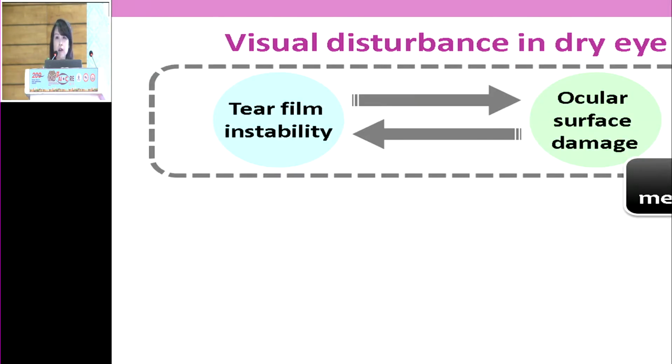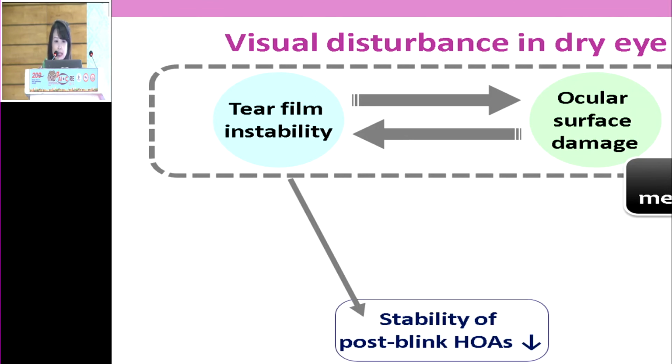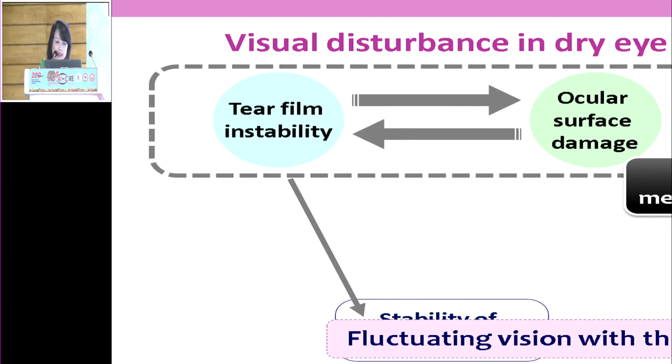So this is my last slide. From the optical point of view, the mechanism of visual disturbance in dry eye can be explained. Tear film instability decreases the stability of the post-blink higher order aberrations, and it explains the fluctuating vision with the blink.